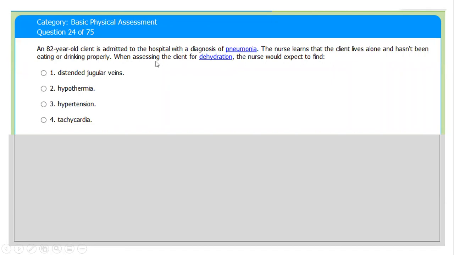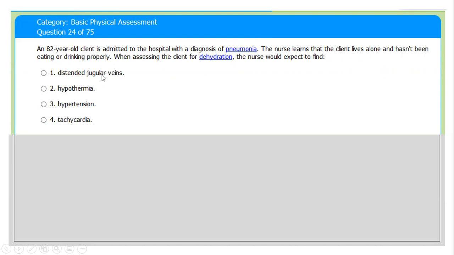When assessing the client for dehydration, the nurse would expect to find: So your patient is diagnosed with pneumonia, an infection of the lungs, and is 82 years old. Your patient is not eating or drinking enough or properly, and may be dehydrated. So what are the signs of dehydration?